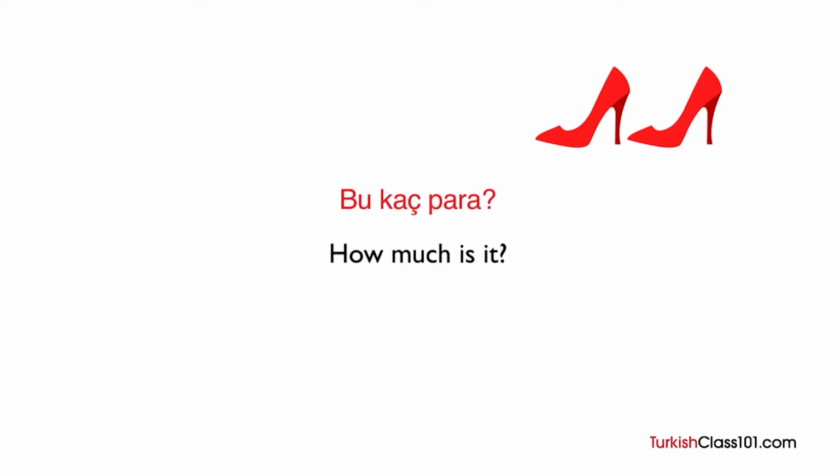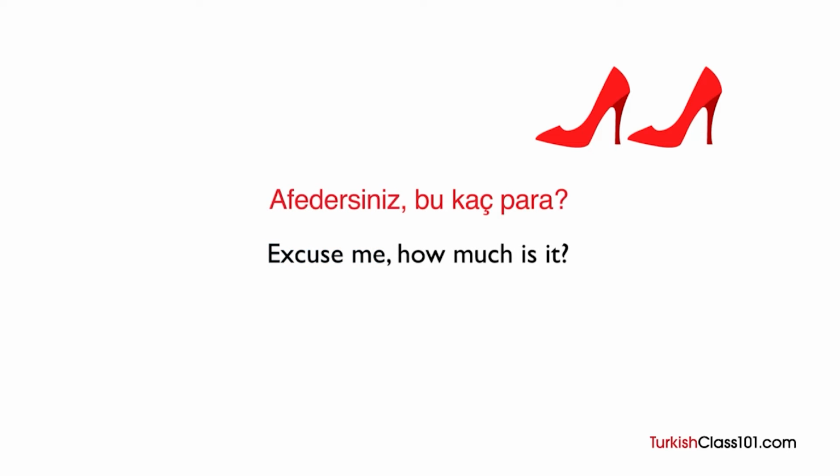You see something you like and want to ask the shopkeeper how much it costs. The first thing to say to a shopkeeper is affedersiniz. Do you remember what that means? Excuse me. Affedersiniz. Bu kaç para?